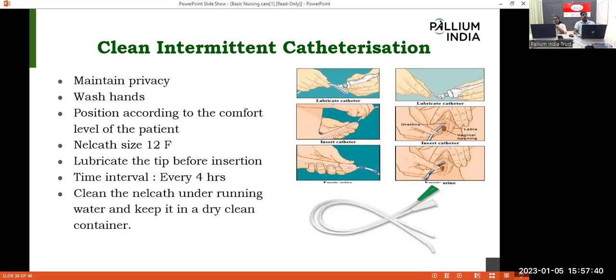After the complete evacuation, remove the Nelcat, clean it under running water and keep it in a dry, clean container. The container also needs to be cleaned periodically in warm water, and if possible, the utensil can be boiled. After cleaning, we can keep the Nelcat inside the container.